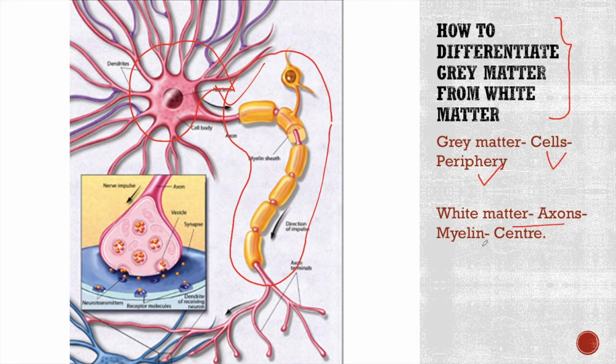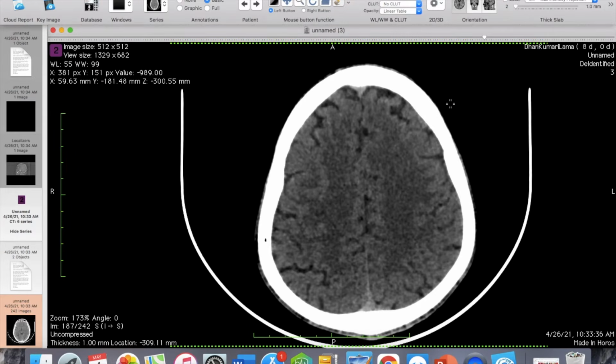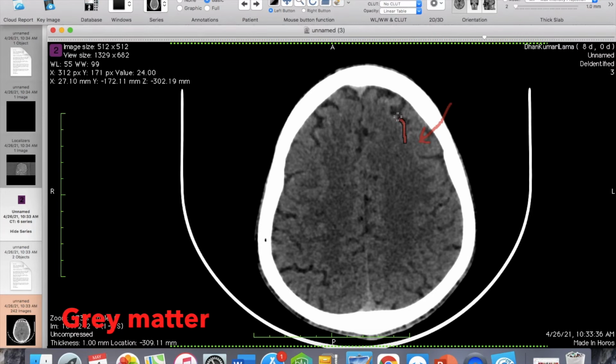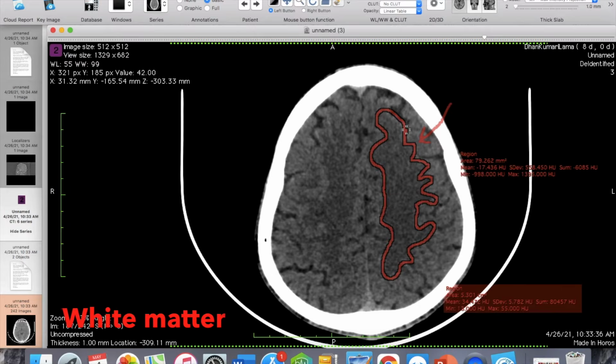So the white matter, because of the presence of lipid, appears slightly dark or hypodense on CT. So this part of the brain which lies in the periphery is the grey matter, while this part which is darker and lying in the central aspect of the brain is the white matter of the brain.